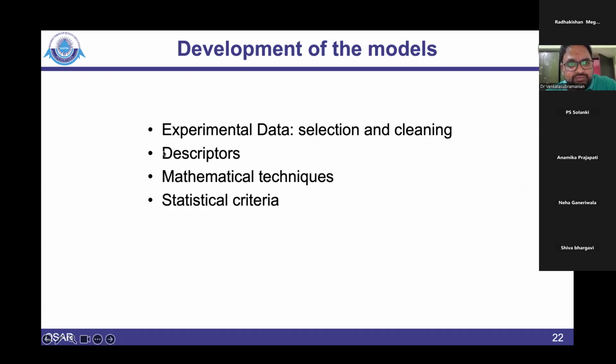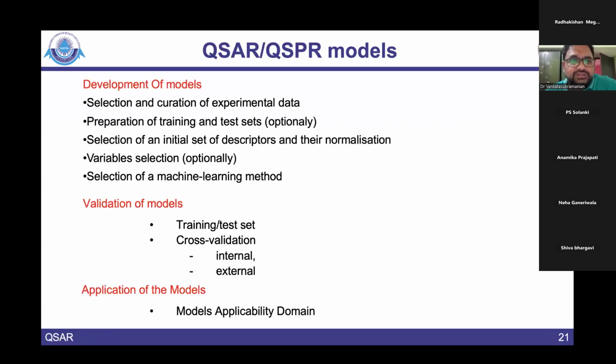And then we have to identify descriptors, extract descriptors from the data set that can be used, and then mathematical techniques. That means that we have to correlate the descriptors to the validated data, and then use mathematical methods, and obviously statistical criteria to validate the equations.